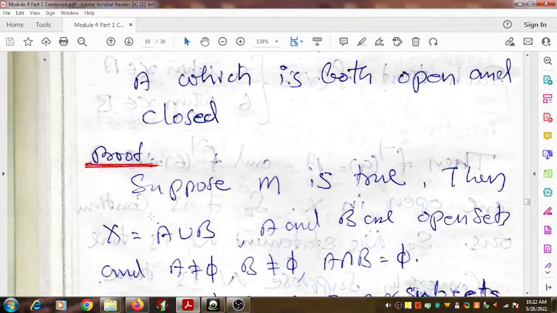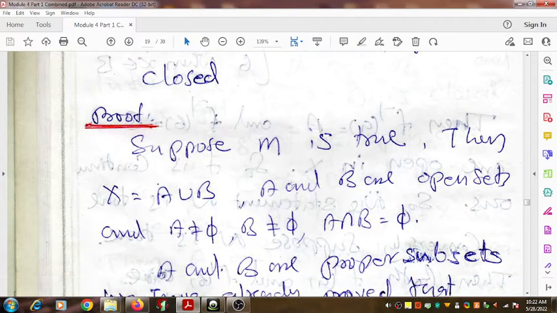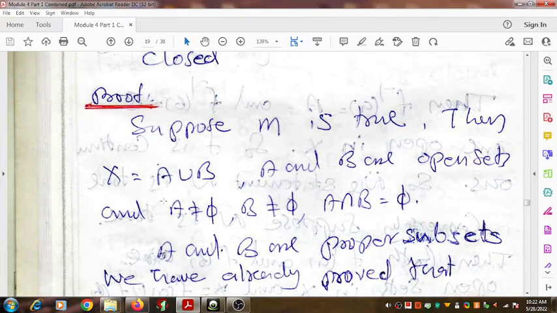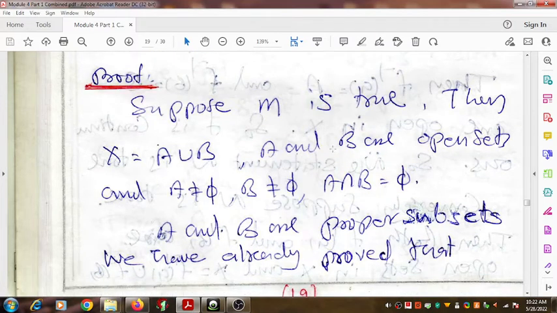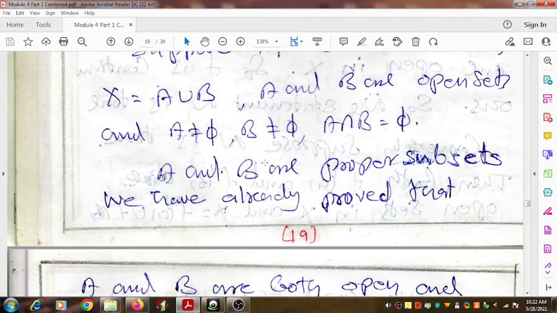How to prove this? For that we suppose that M is true. Then X is disconnected, so X has a disconnection: X equals A union B, where A and B are open sets, A is non-empty, B is non-empty, and A intersection B is empty.